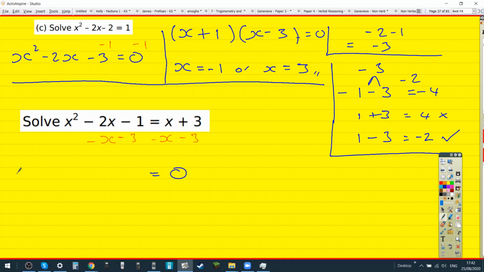Then you have to take away x and 3. So positive, wait, 1x? That would be plus x. It should get more negative. Okay. So minus 2x minus 1x.